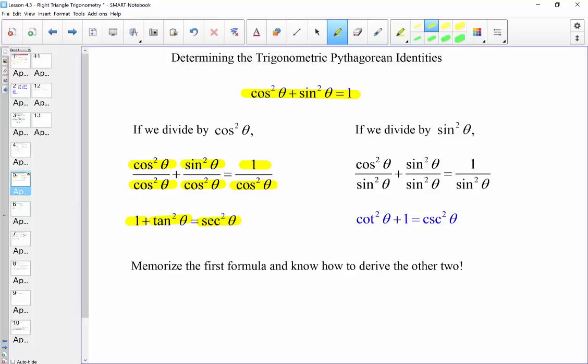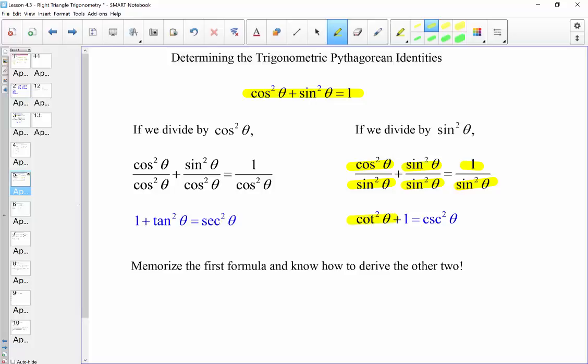We can do the same thing again, only this time dividing by sine squared theta. So again, starting with our primary Pythagorean trigonometric function, cosine squared theta plus sine squared theta equals 1, we're going to divide each term by sine squared theta. Cosine squared theta over sine squared theta equals cotangent squared theta.